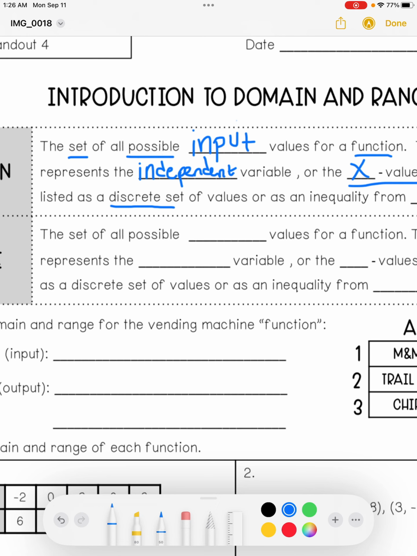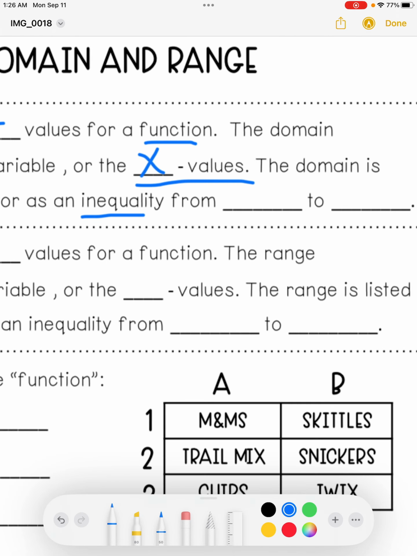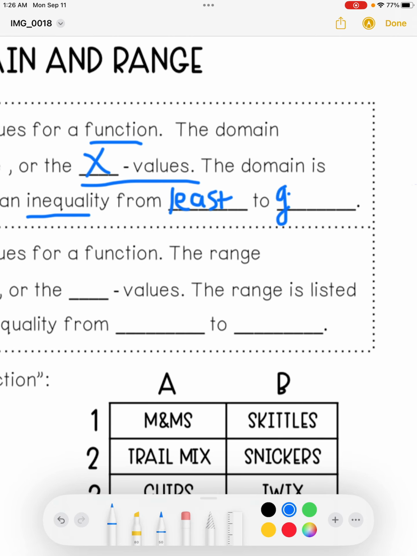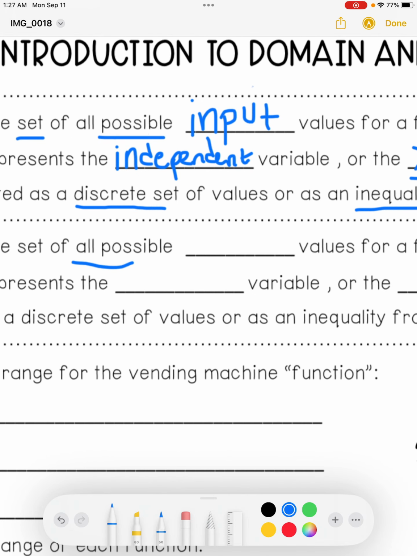Or I can list them as an inequality from least to greatest. Now, the inequality part we're not going to tackle yet. It's a little tougher, so we're going to save that for tomorrow. But just know that, yes, we can write them as inequalities. Today, we're more focused on this discrete set idea.